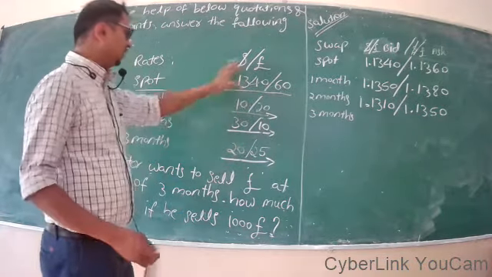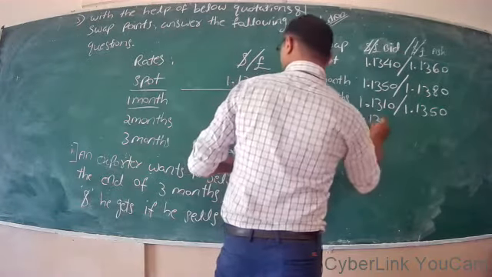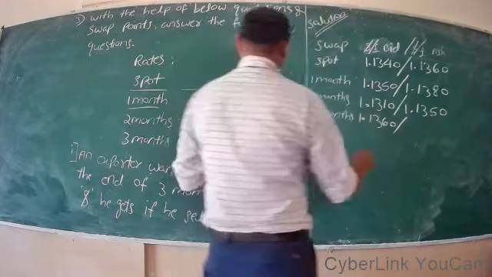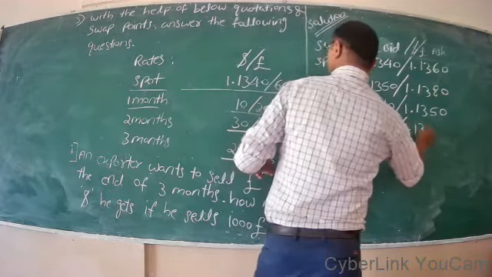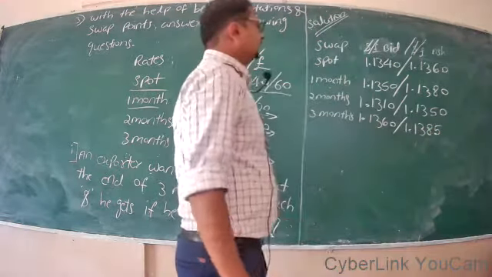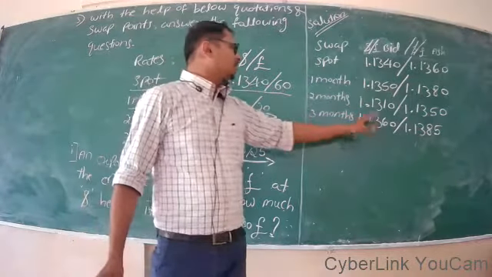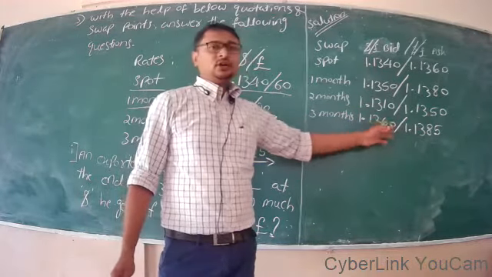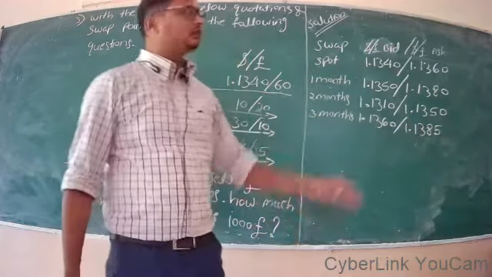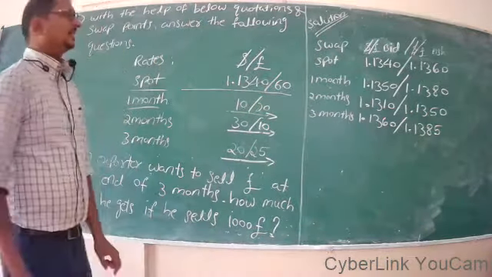By adding it to the spot rate, we get 1.1360/1.1385. So the outright rate for 3 months is bid price $1.1360 per sterling pound oblique, ask price is $1.1385 per sterling pound. That is the ask price, that is the selling price.